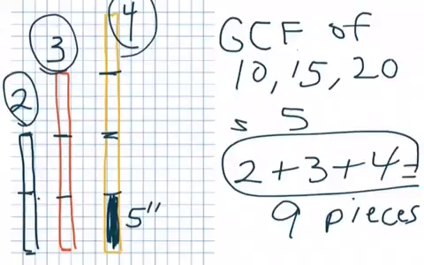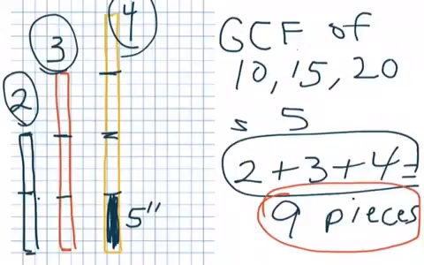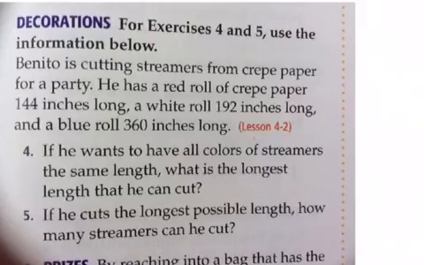And so our final solution was, after we'd cut up the pieces and figured out how many each piece of wood would make, we added those little pieces together to get the answer to the problem, which was how many pieces could we cut all together. It's the exact same idea here. Cut the longest possible length, how many streamers can he cut?